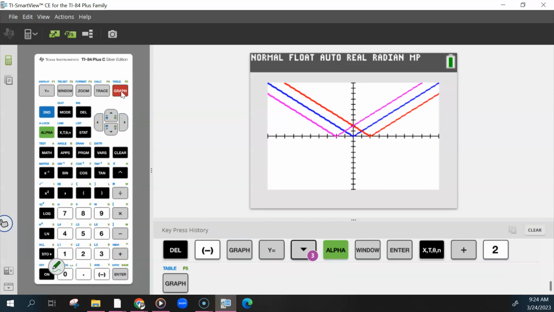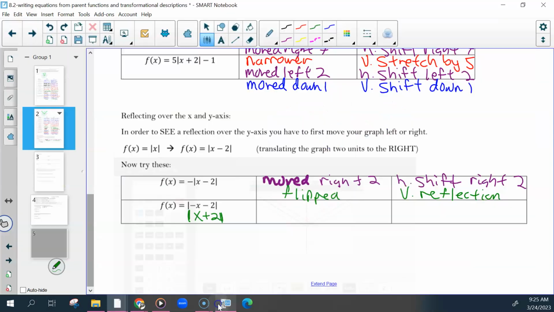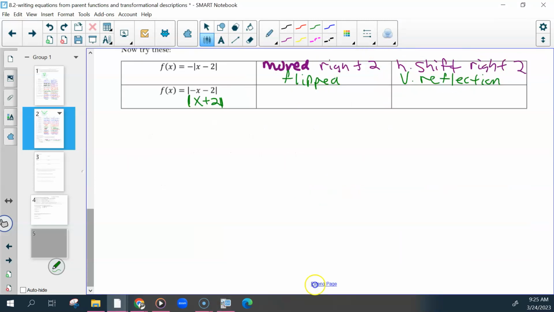You graph on top of the black. So the negative on the inside, you sometimes can't see, and that's okay. As long as you know how to describe it, that's really all that you need to know about that.